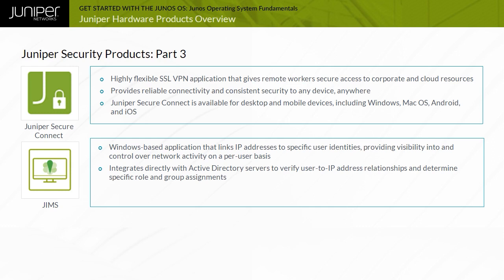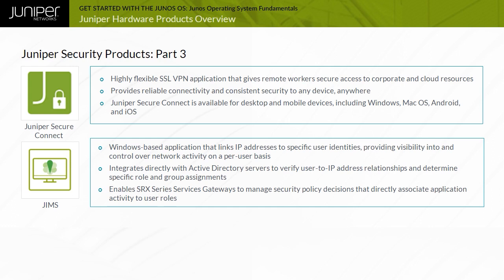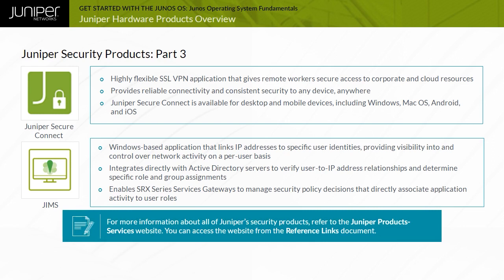This enables SRX series services gateways to manage security policy decisions that directly associate application activity to user roles. Based on this information, the SRX series firewall either permits or denies users access to applications and data based on detailed security policies. For more information about all of Juniper's security products, refer to the Juniper Products Services website. You can access the website from the reference links document.